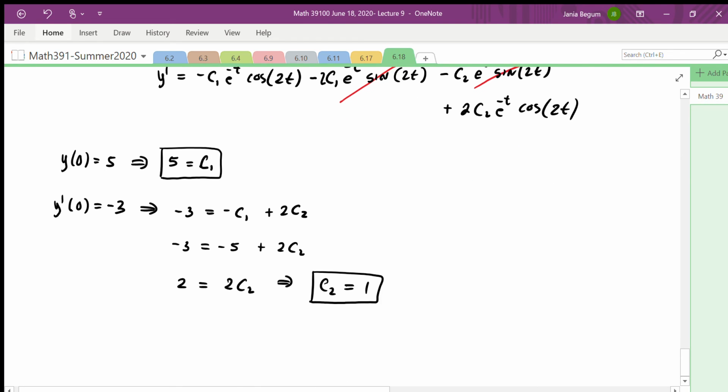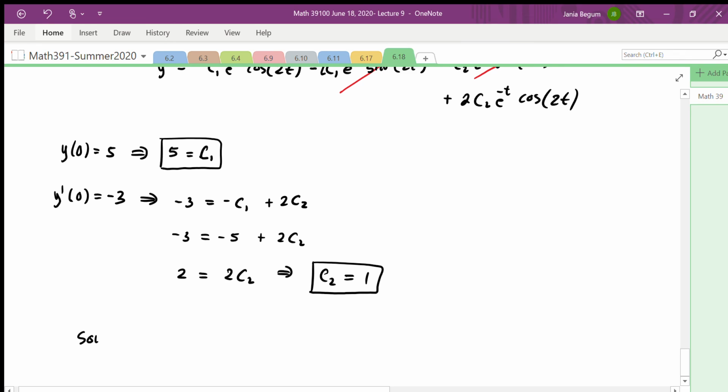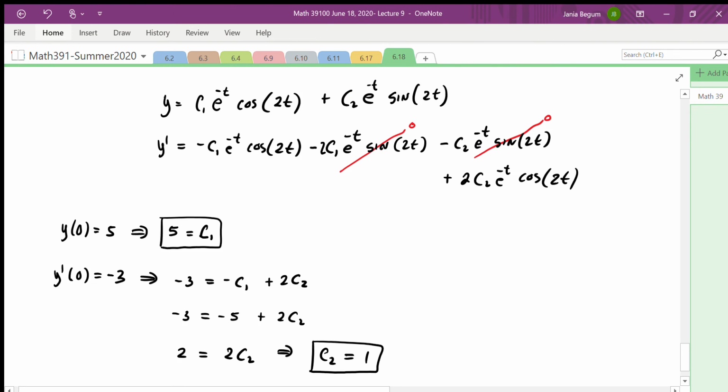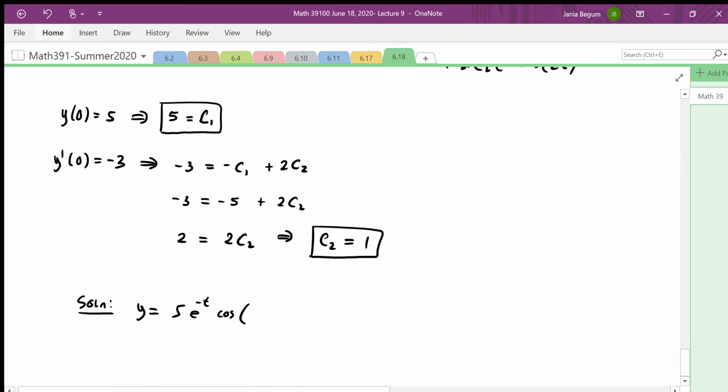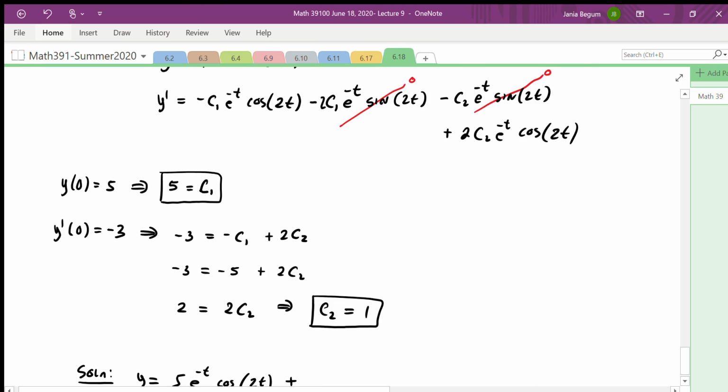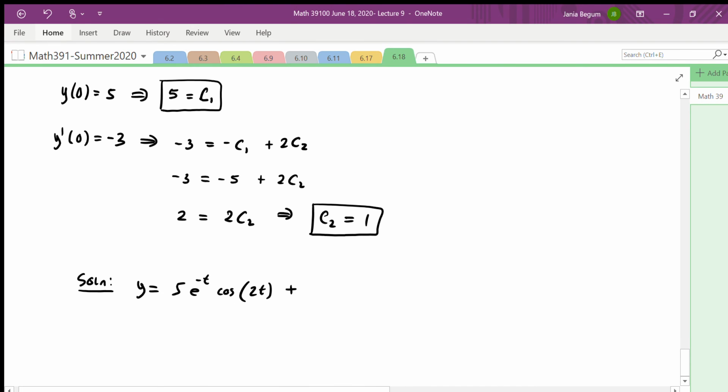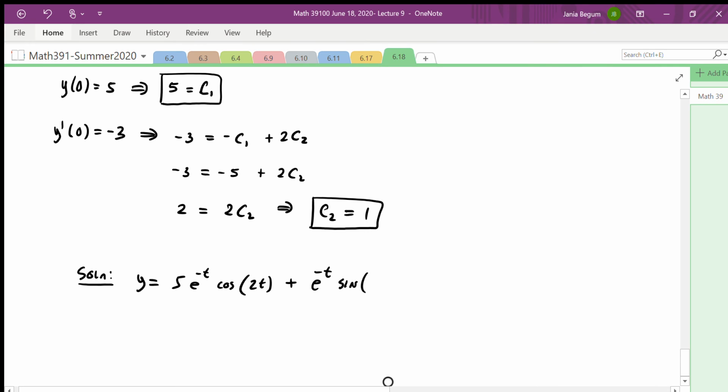So what is our solution? So hence, our solution to this is y equals C1, that's 5, e to the negative t cosine of 2t plus C2, that's 1, e to the negative t sine of 2t.